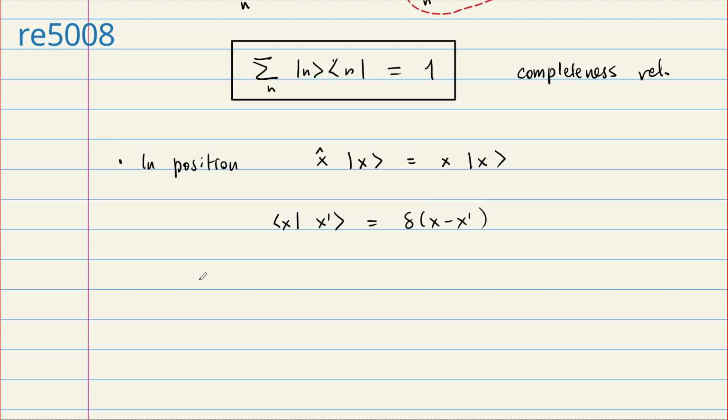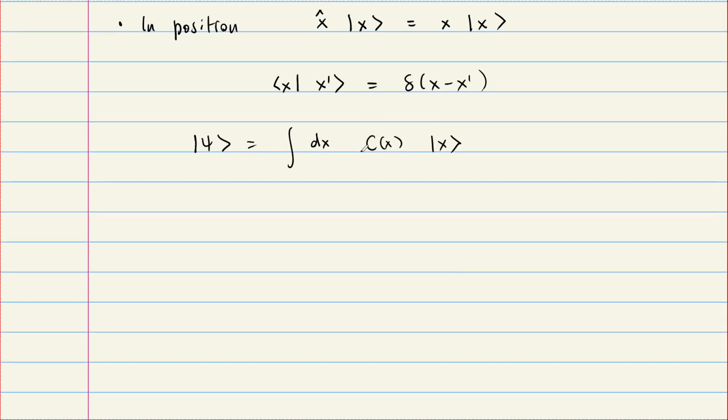I can also expand my wave function psi in dx c of x, and we know the expansion coefficient is ⟨x|psi⟩. By doing exactly the same trick, I get the integral from minus infinity to plus infinity dx |x⟩⟨x| is 1.